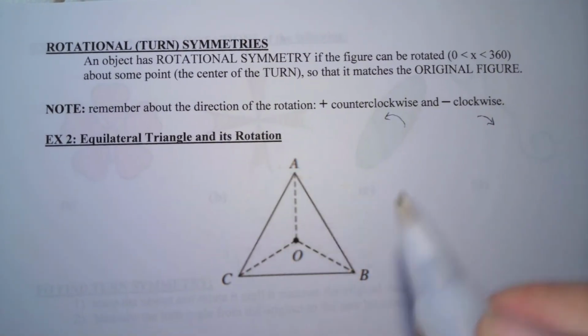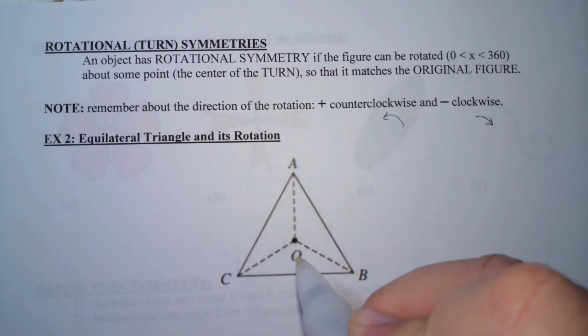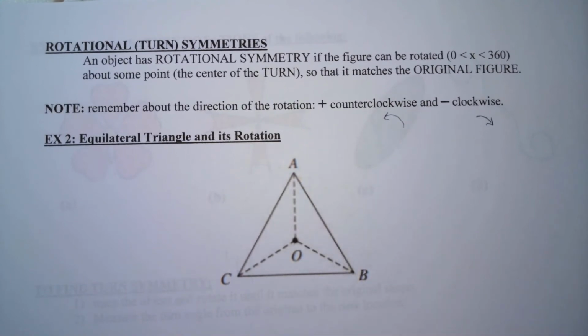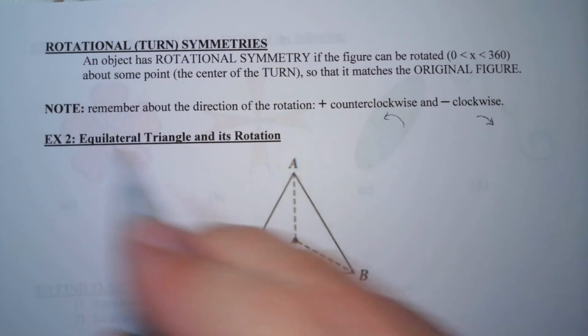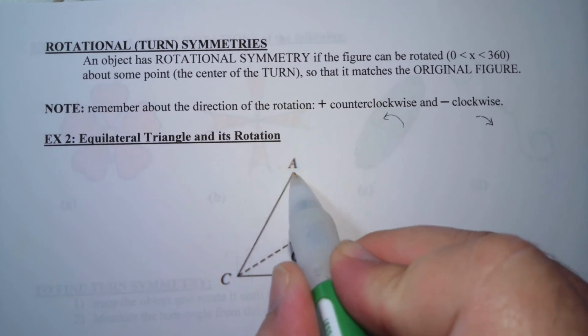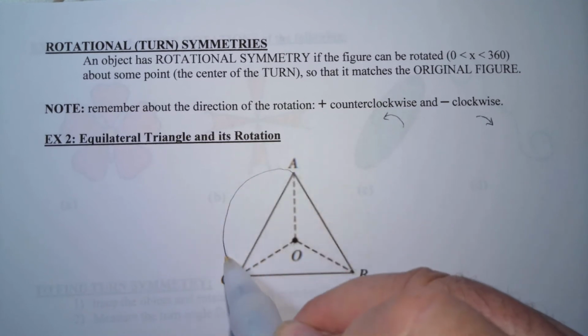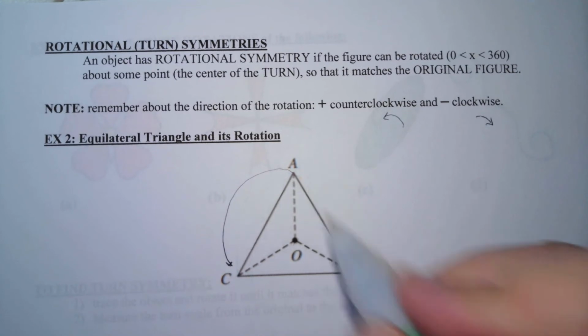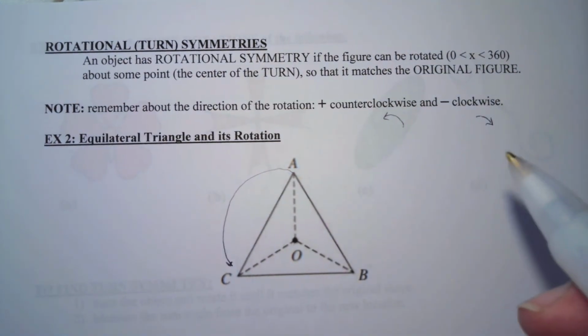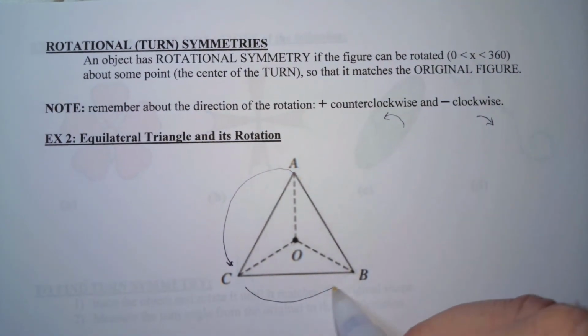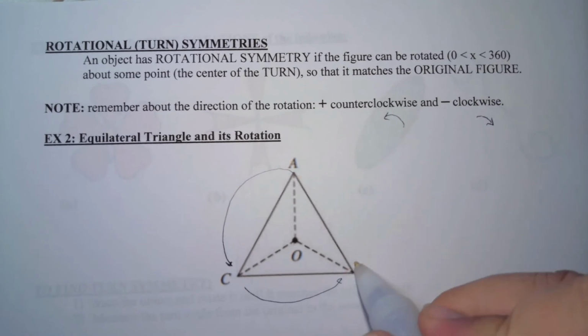So, with this one, this is an equilateral triangle. So, if we rotate this, will they look the same? Yeah, because all 3 sides are the same length. And if we did it again, and we did it again.